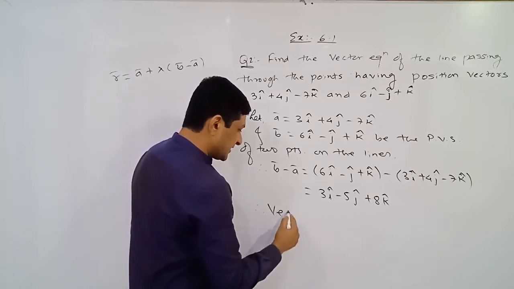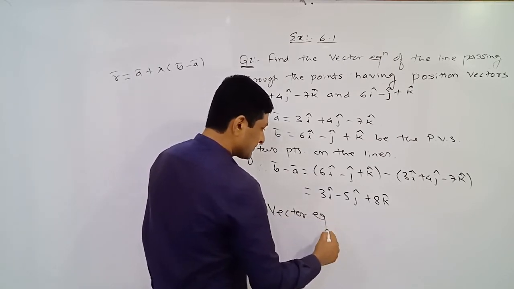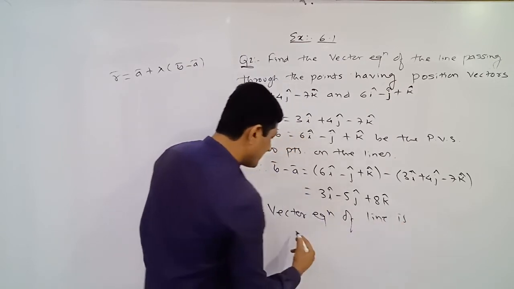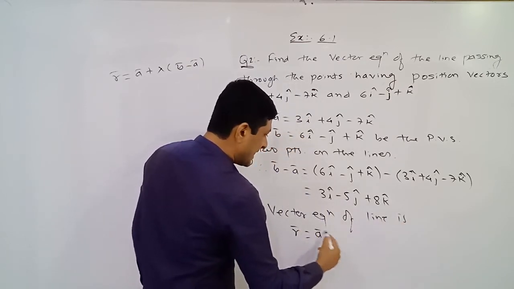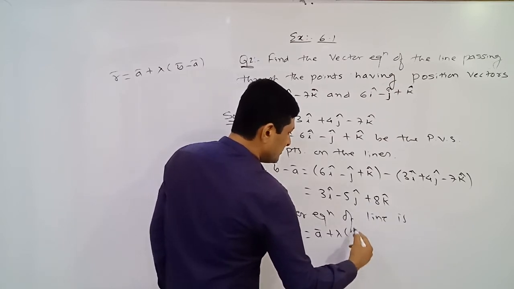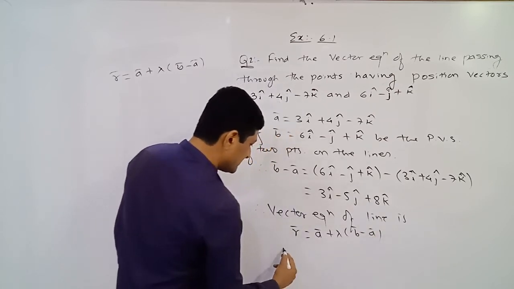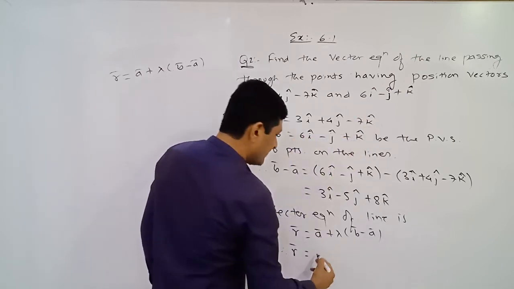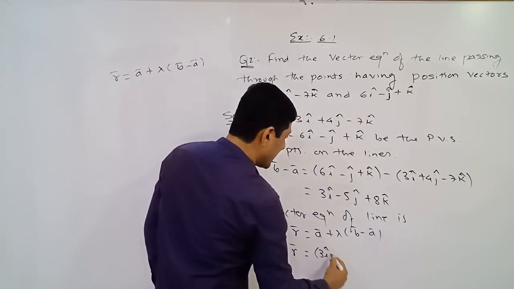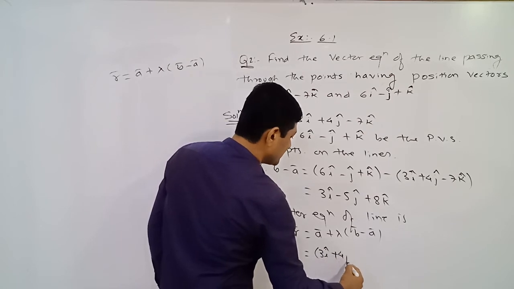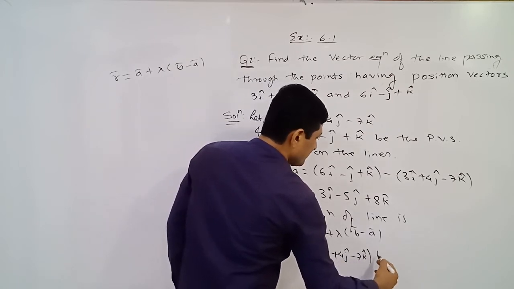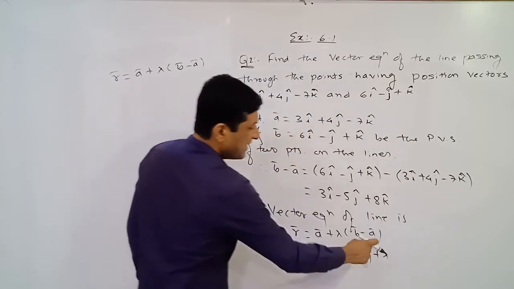So therefore, what is the vector equation of the line? r bar is equal to a bar plus lambda times b bar minus a bar. Now substitute the values. r bar is equal to, replacing a bar by its value, 3i cap plus 4j cap minus 7k cap, plus lambda times b bar minus a bar.